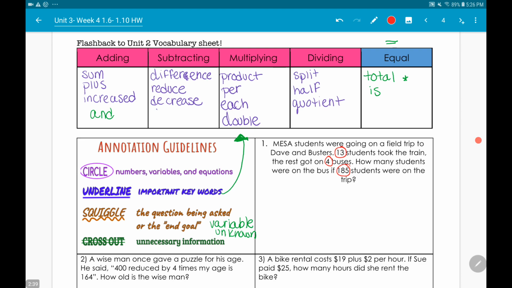All right, so Mesa's students were going on a field trip to Dave & Buster's. Is that important? No, so I'm actually going to cross that out. Like, that's really nice that they were going on a trip, but it doesn't really help me solve the problem. 13 students took the train, and the rest got on 4 buses.